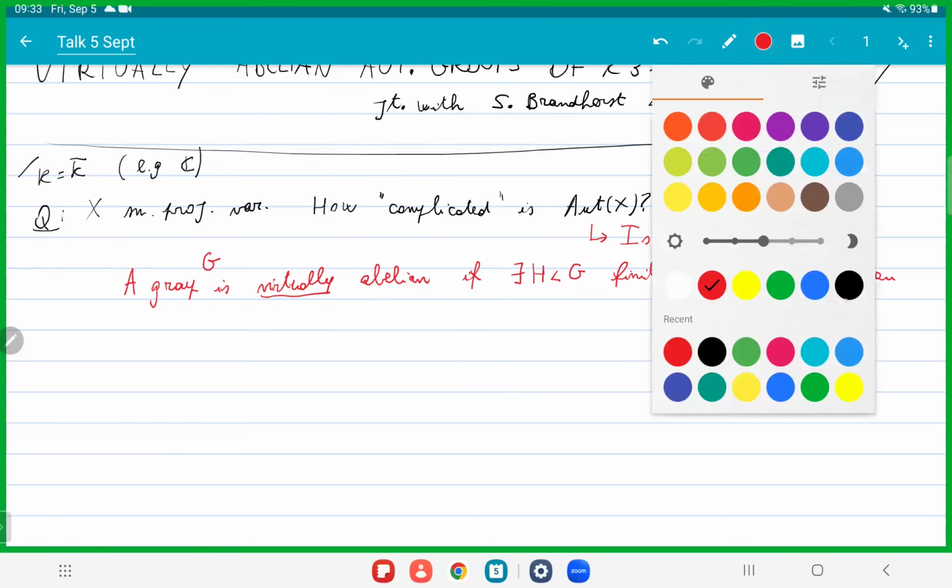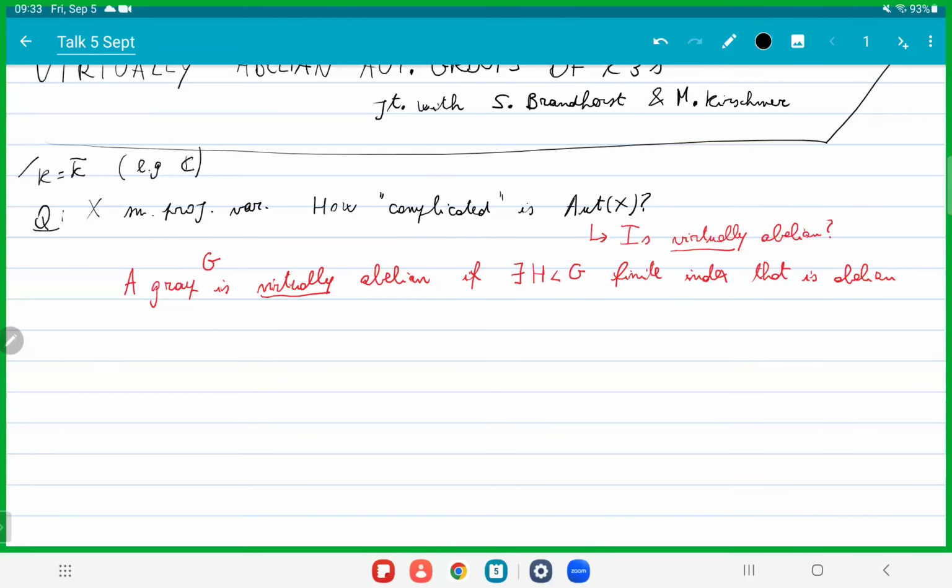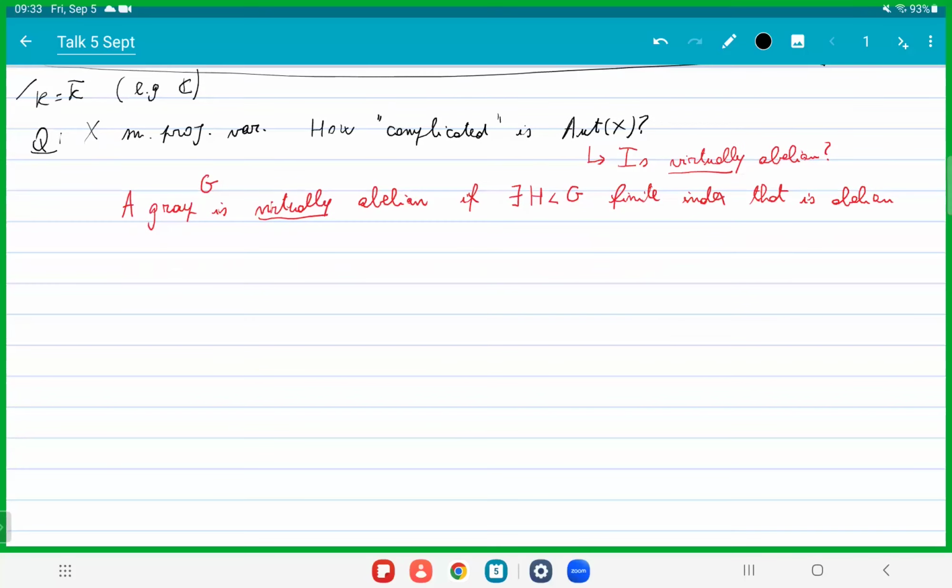And in order to motivate why we're interested in this sort of question, it's probably useful to look at what is called the Tits alternative. This comes from a theorem of Tits from the middle of last century.